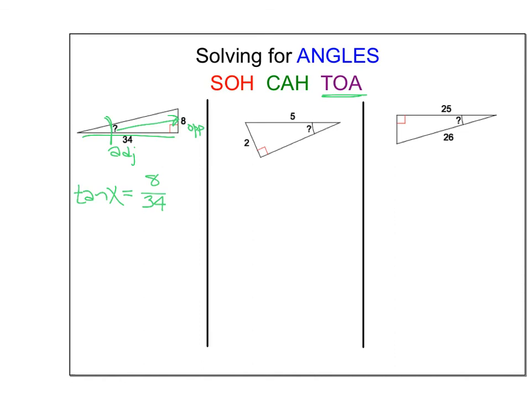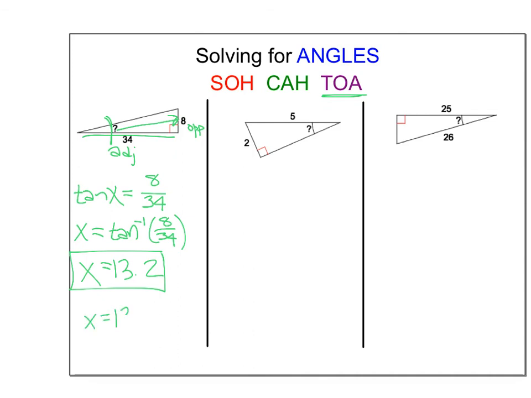To undo the tangent from the x, I'm going to take the inverse tangent of 8 over 34. All right, and I'm going to plug that into the calculator. And that will give me about 13.2. Now again, if I wanted to round that to the nearest whole degree, I would round that down to 13.